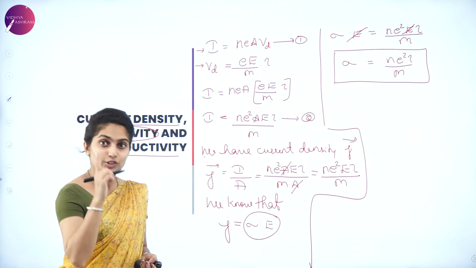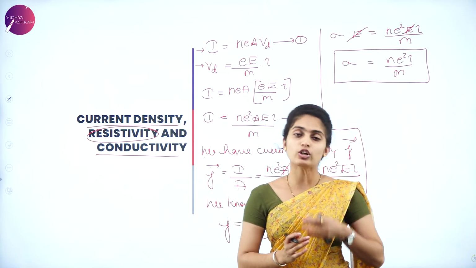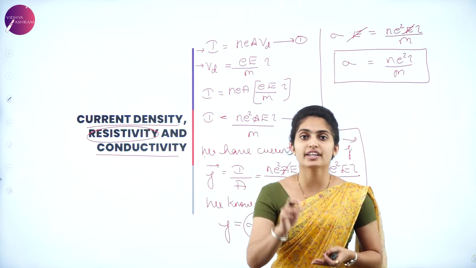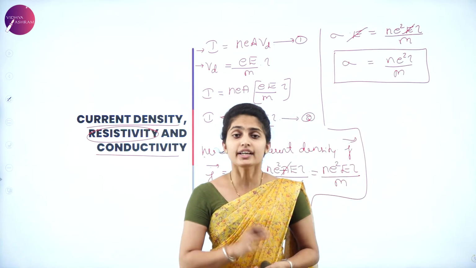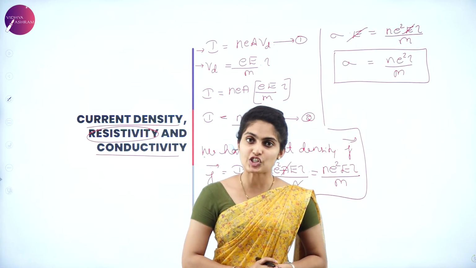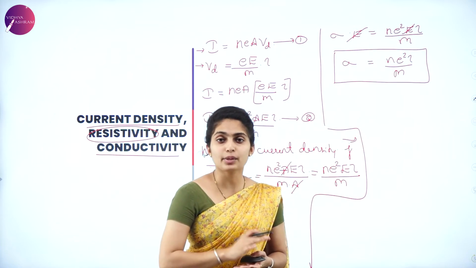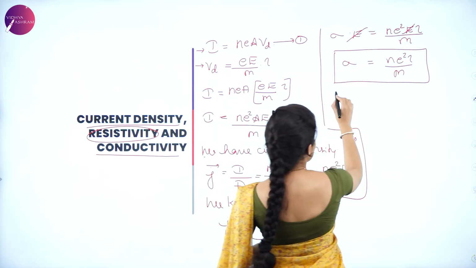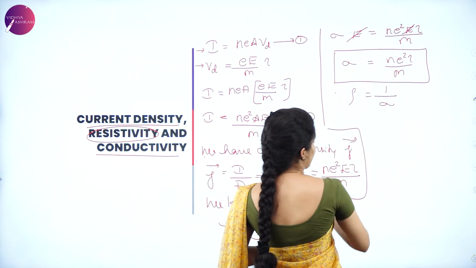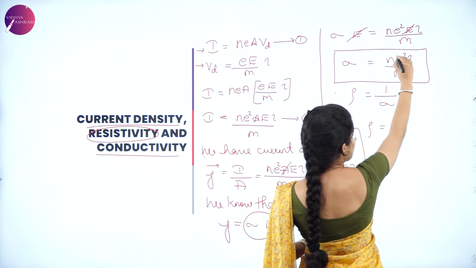What are we left with? Resistivity. Students, resistivity is the reciprocal of the conductivity. Rho is the representation of resistivity. So conductivity is the reciprocal of resistivity, 1 divided by rho. Since resistivity is the inverse of conductivity, we can write resistivity as the inverse of this equation.